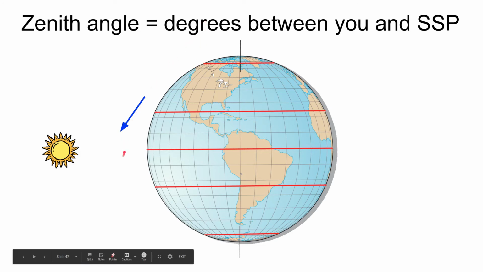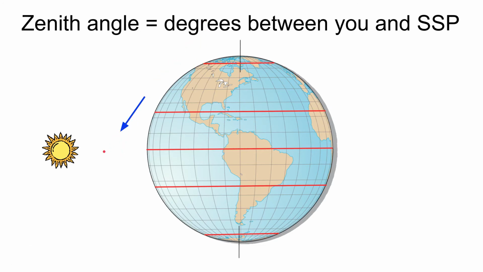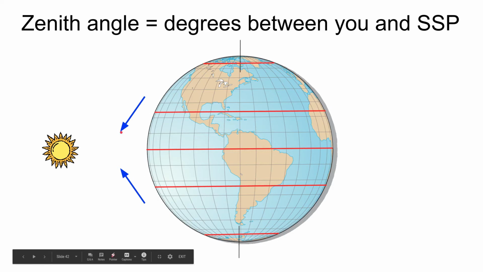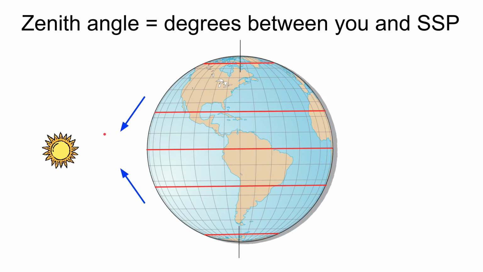If you were north of the equator on this day, you'd be looking at the sun, and the sun would be over the southern horizon. If you were south of the equator on this day, the sun would be over your northern horizon, because you'd be looking northward in order to see the sun. Since the subsolar point is on the equator, if you're south of the equator, you have to look north. If the subsolar point's on the equator and you're north of the equator, the sun is south.